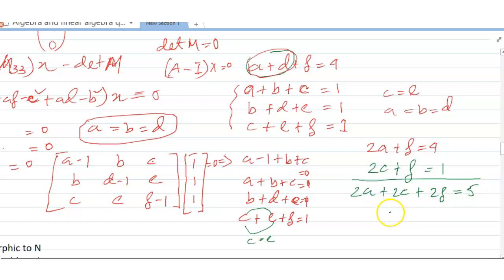Equals 5. Okay, I multiply with 2. This is a good way.